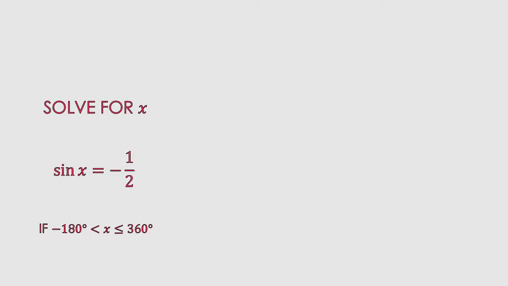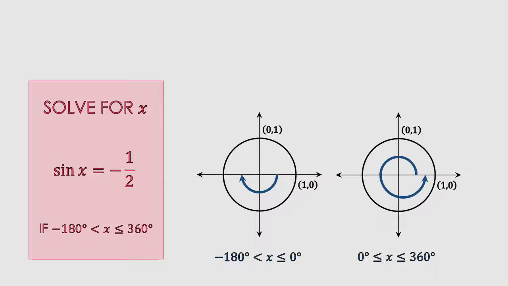Let's solve the equation sin x equals minus half for which x lies between minus 180 degrees and 360 degrees, inclusive of 360 degrees. Let's do this without drawing graphs. We split the interval of interest into two parts, the negative part and the positive part.